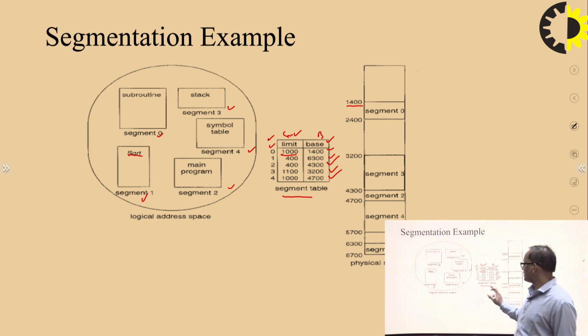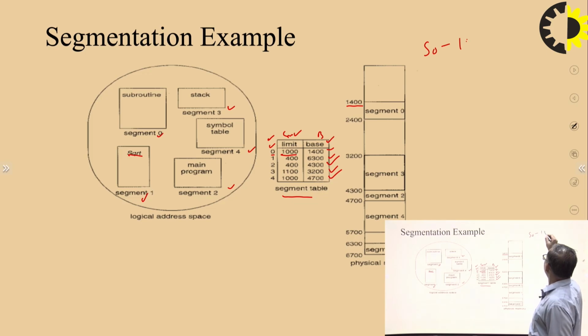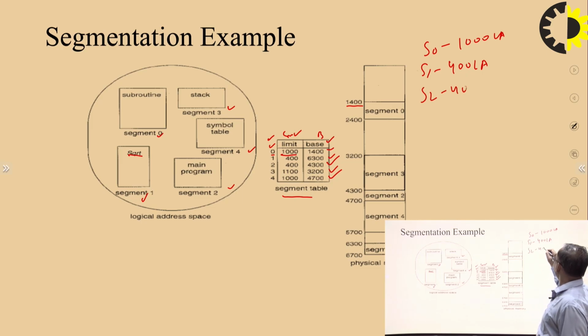So this is our segment table, or data structure, which contains 3 fields: segment number, limit, and base. The limit means the size. Segment number 0 contains 1000 logical addresses. S1 contains 400 logical addresses. S2 again contains 400 logical addresses.